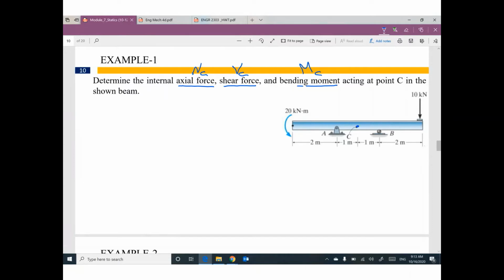Before doing anything related to the internal forces, first step is reactions. Guys, I would like to remind you, without reactions, you cannot pass the coming exam. Without reactions, every single problem in the coming exam, first step, you need to figure out the reactions.